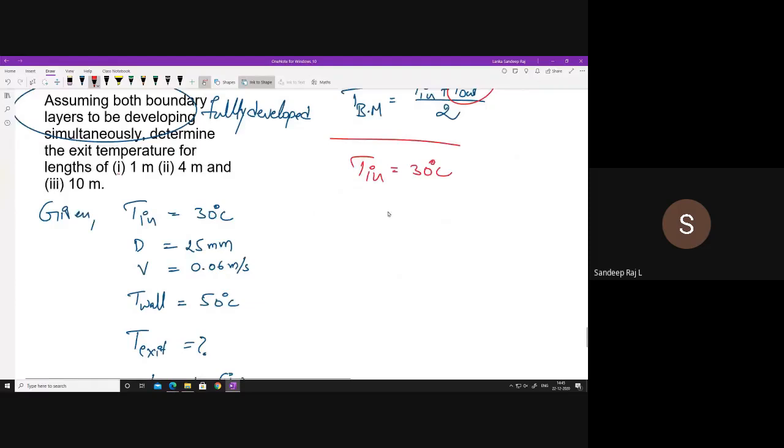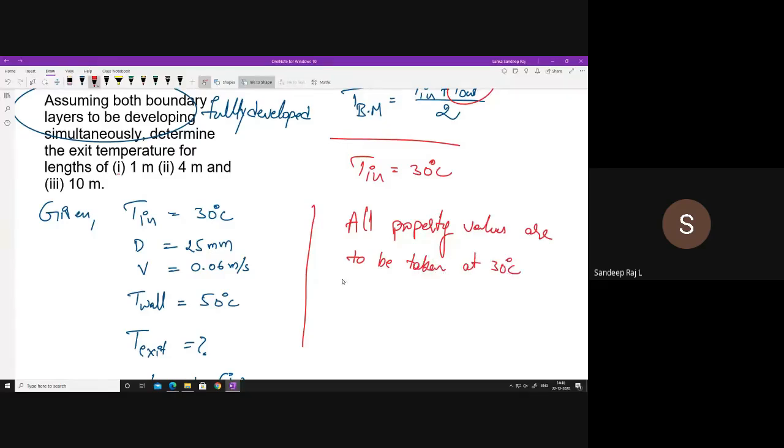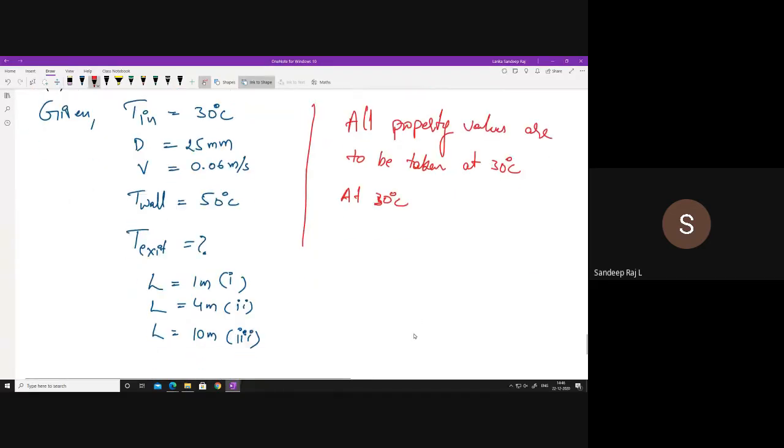So at 30 degrees centigrade, you will write various values here.